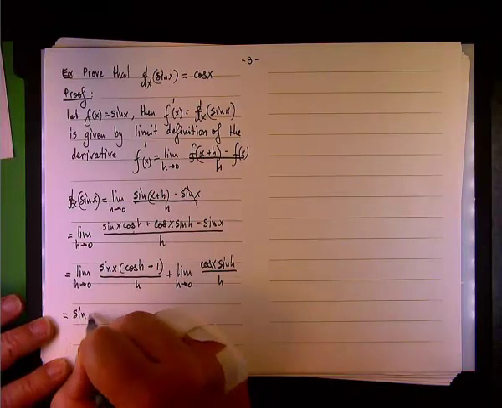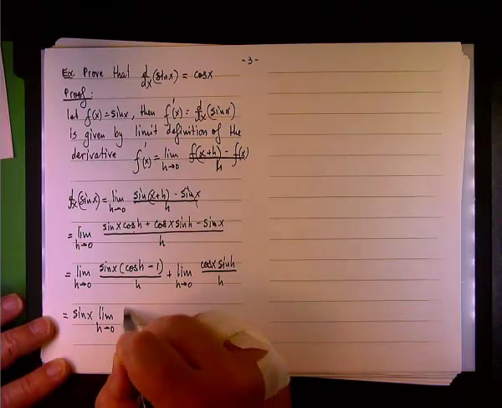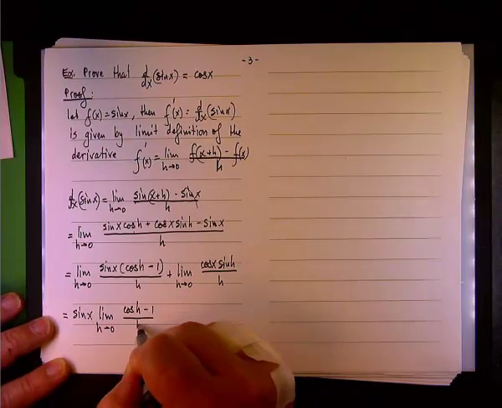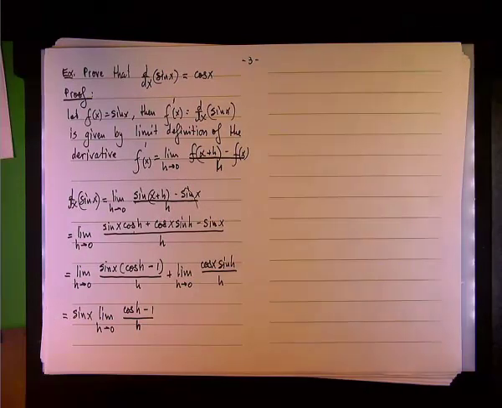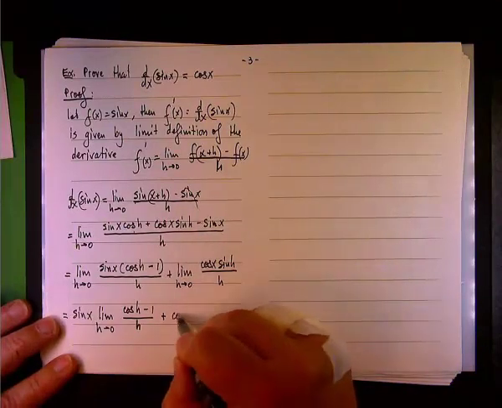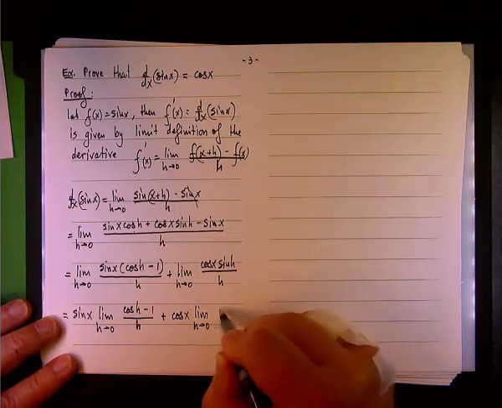So notice the variable of the limit: what is h? H approaches 0. X is x. As far as the limit is concerned, x is not a variable, so I can factor it out. So the first limit is going to read sine of x times the limit as h goes to 0 of cosine h minus 1 over h.